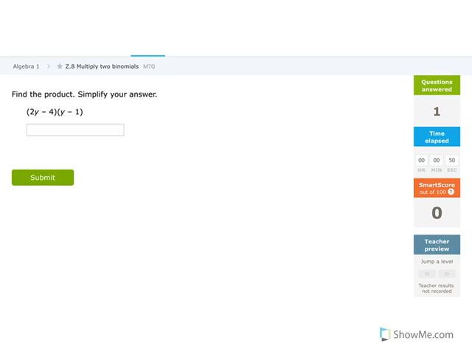And here's another example. So the 2y will distribute in. So 2y times the y, that's going to get you 2y squared. 2y times the negative 1 is going to get you negative 2y. And then distribute the negative 4. Negative 4 times the y should get you negative 4y.